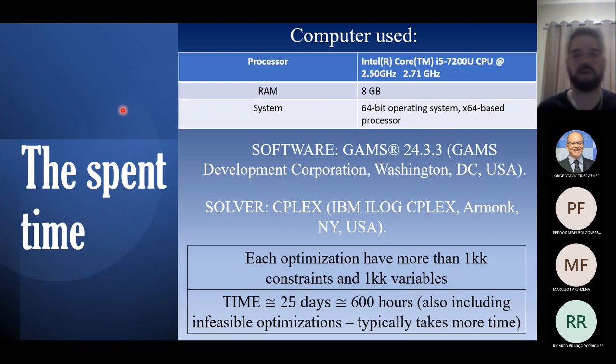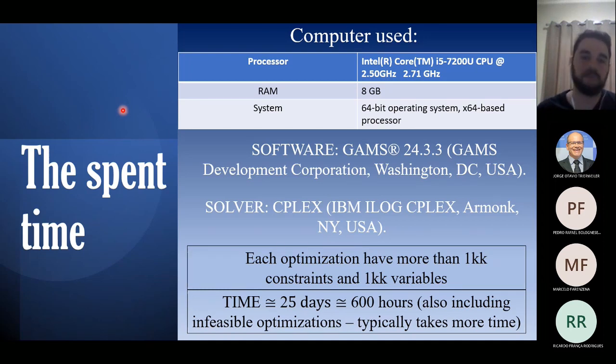The computer used was this one that I'm presenting here for you. Intel Core i5, 8 gigabytes of RAM, and a 64-bit operating system. The software used was GAMS, this version, and the solver was the Simplex.